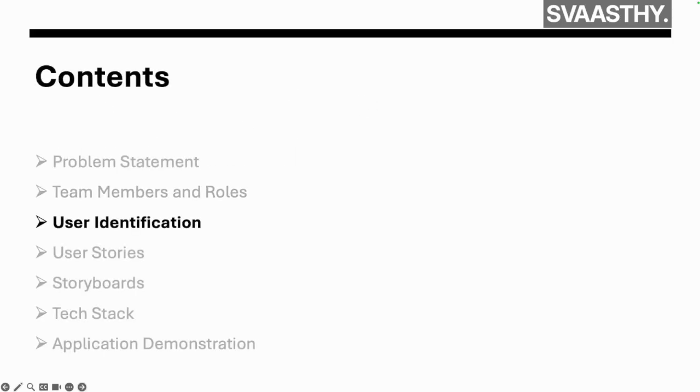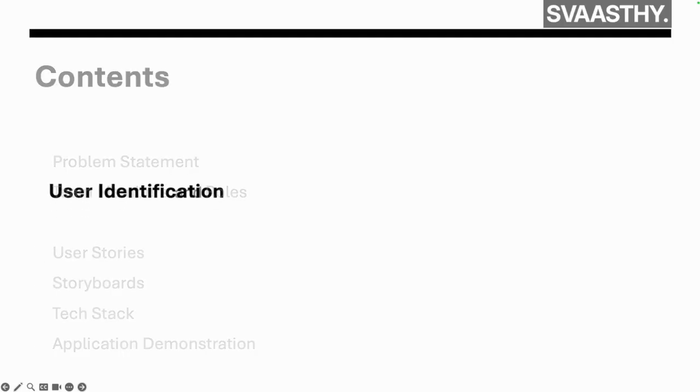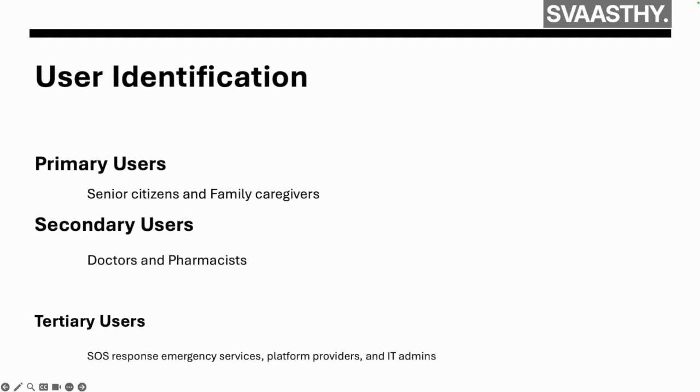Great. So after deciding the roles for each of the team members, we went ahead and identified the target users for our application. The primary users are, of course, the senior citizens and their family caregivers. The secondary users are doctors and pharmacists who are going to benefit from the application not directly but indirectly, such as looking at the documents uploaded by the senior citizens, and the pharmacists can also look at prescriptions of each of the users.